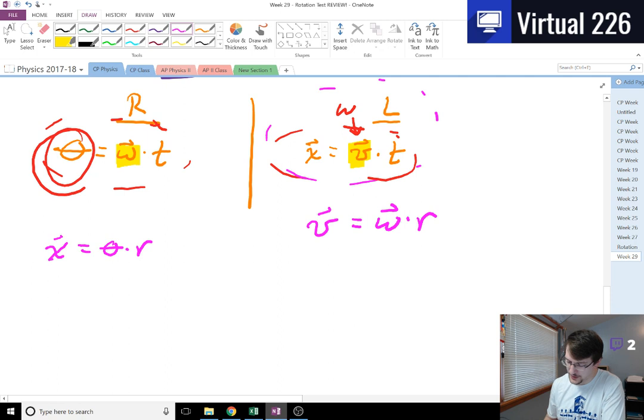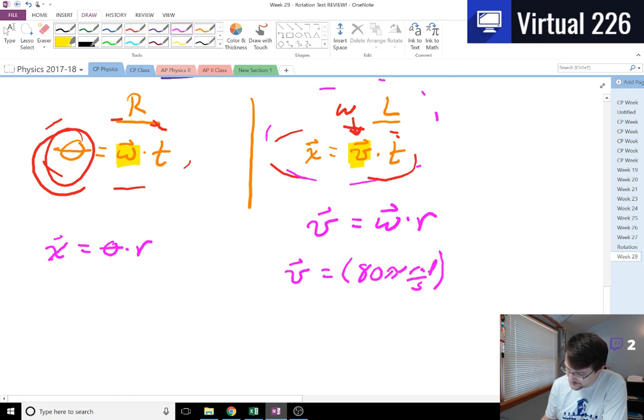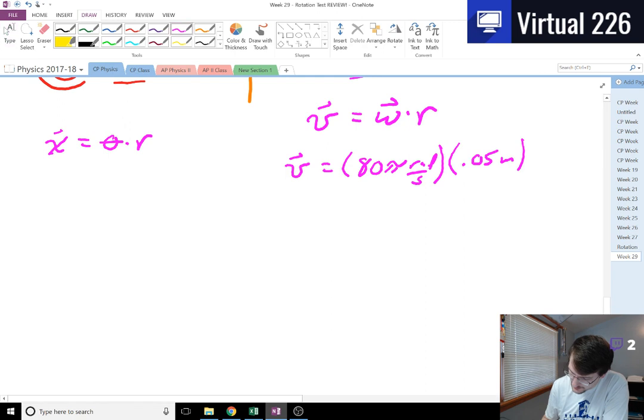So if we know that the velocity equals omega times r, our velocity here is the angular velocity of 80 pi radians per second times a radius of 0.05 meters. When we multiply those together, since we're going back to linear, it's actually nice to multiply by that pi value.